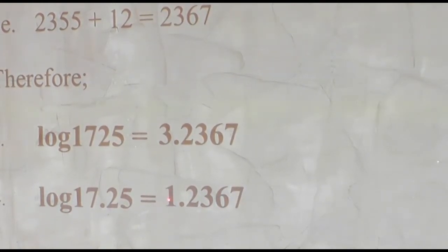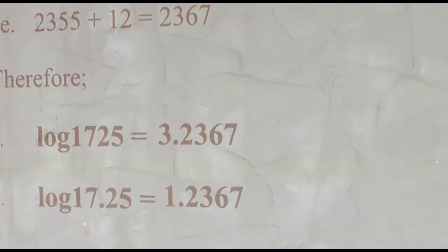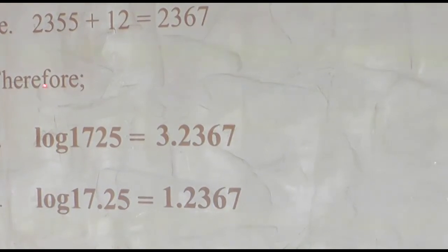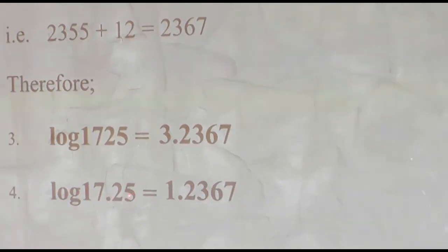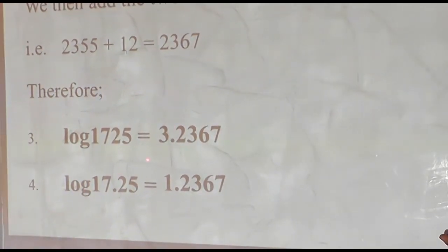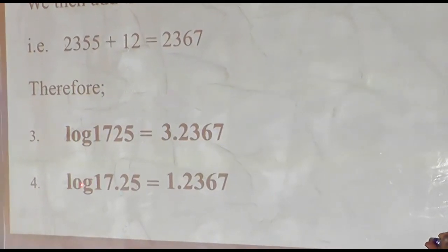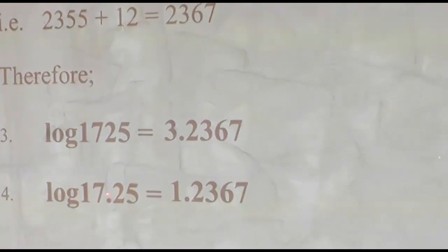Also we look at 17 under 2 and a difference of 5, which resulted in what we had earlier, 2367. So the only difference between number 3 and number 4 is the characteristic, which is brought about by the introduction of the decimal point.